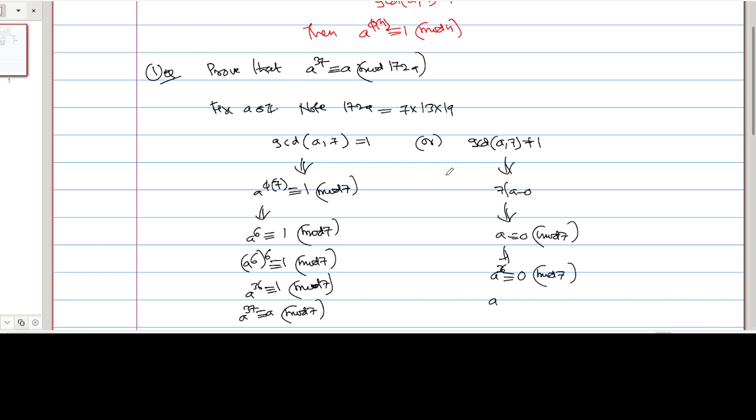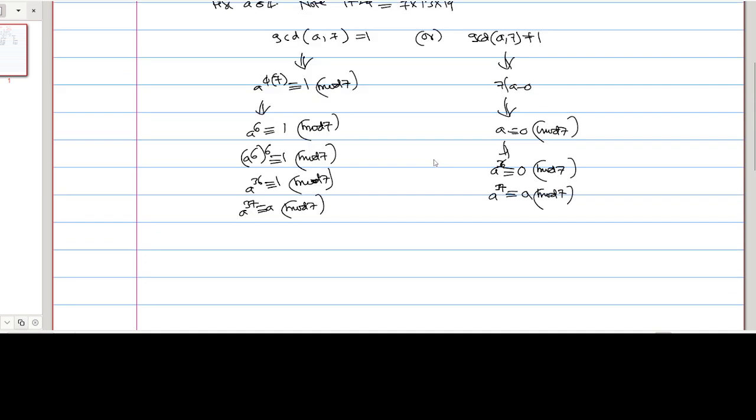To get a power 37, you need to multiply with a. That means a power 37 is congruent to 0 modulo 7. But 0 is congruent to a. Therefore, a power 37 is congruent to a modulo 7. So in both cases, a power 37 is congruent to a modulo 7.